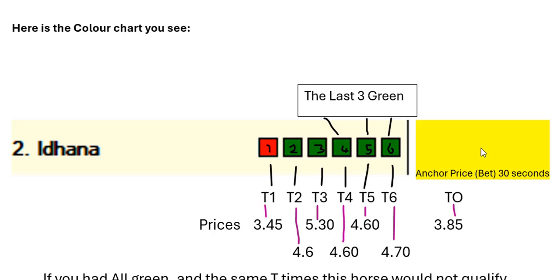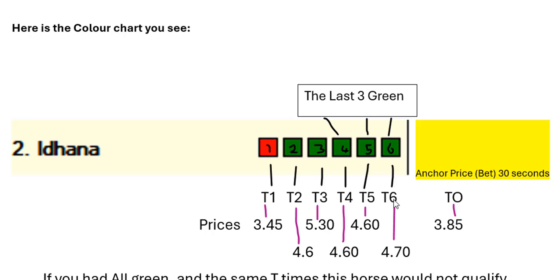So at 30 seconds out, the bot locks that price in, and the price is $3.85. For it to be green, every price that we come to has to be higher than 3.85. That means the horse is coming in price.